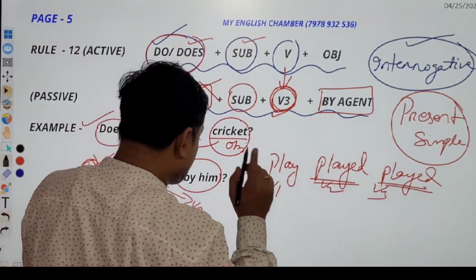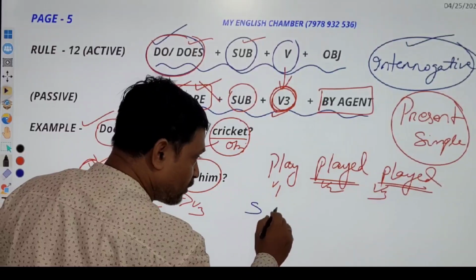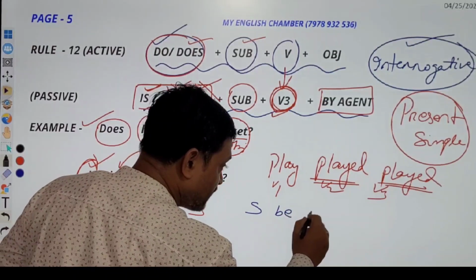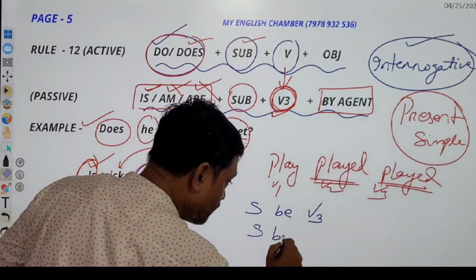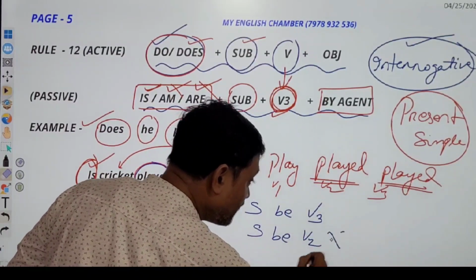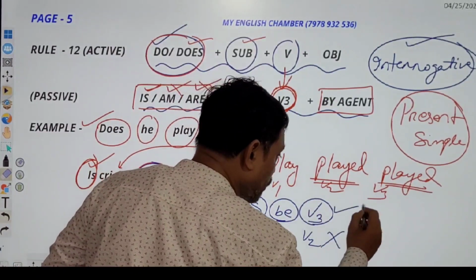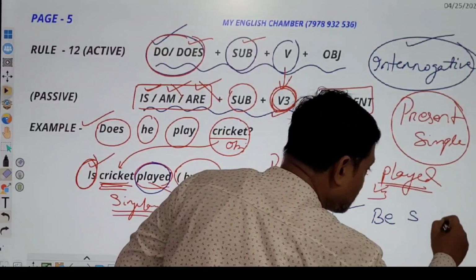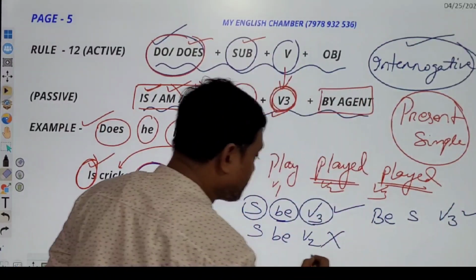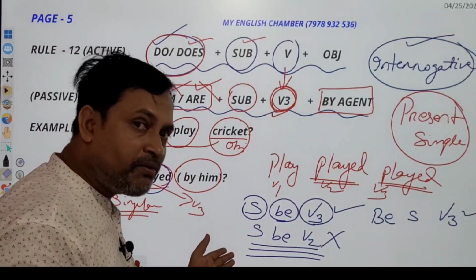Dear students, just keep it in your mind that after subject, if be verb is placed, then V3 will be placed. After subject, be verb, V2 is wrong answer. Subject, be verb, V3 is the correct answer. In interrogative form, be verb, subject, then V3. That's the correct answer.